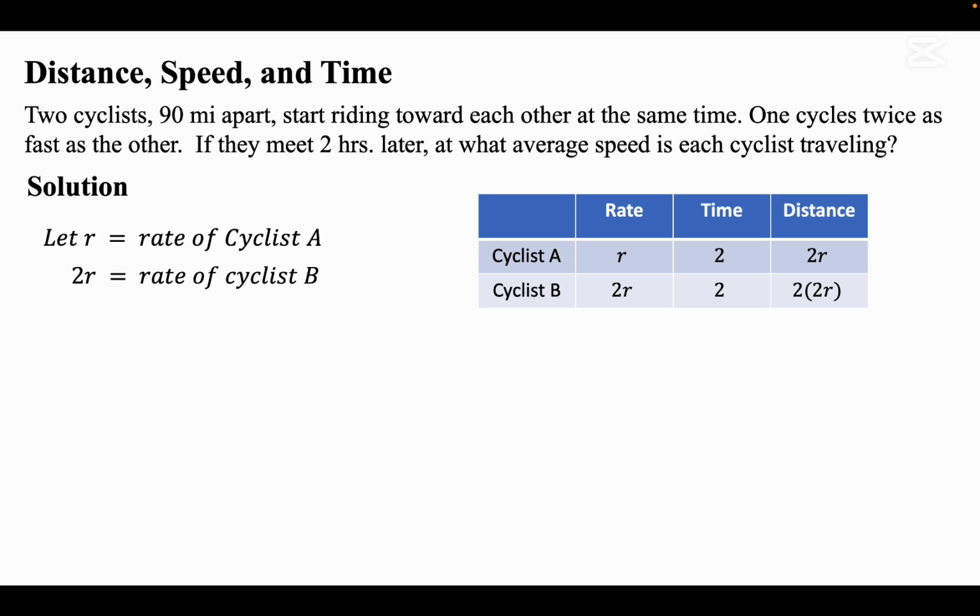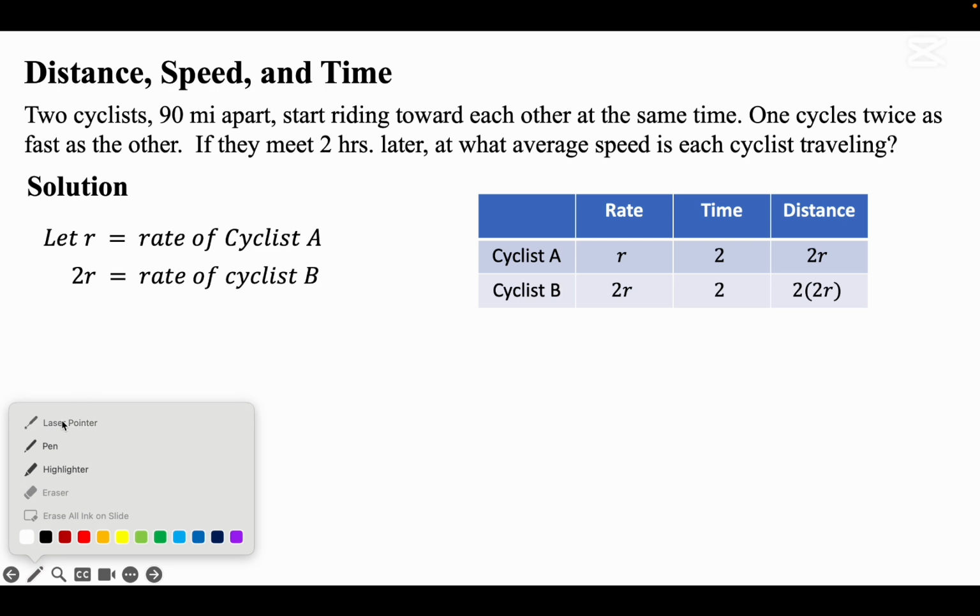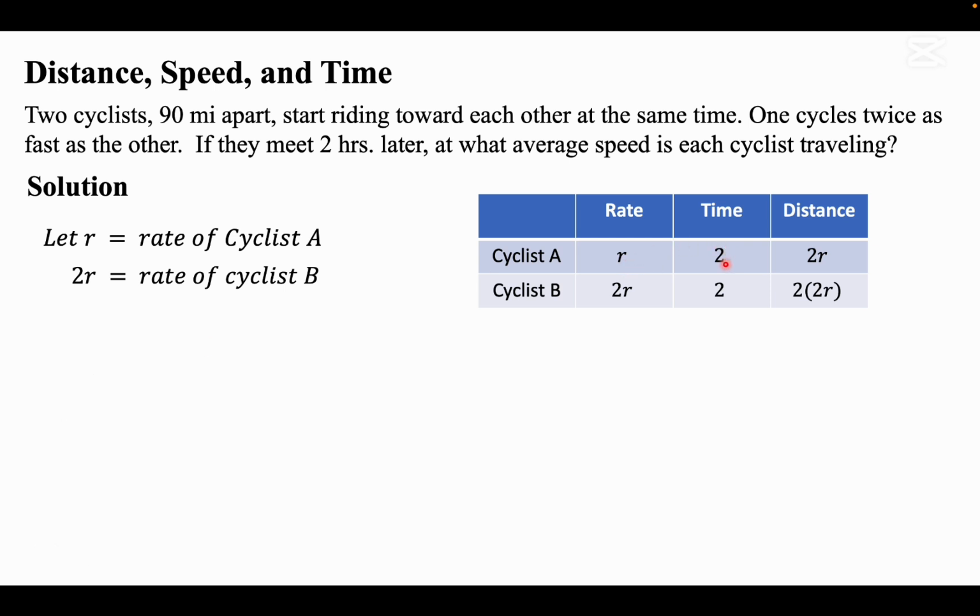The rate of cyclist A is r. The time, well, we know they meet after 2 hours, so for each one of those two, it's going to be 2. The distance is the rate times time. So the rate of the first cyclist is r, and the time is 2. So if you multiply those two, you get the distance.